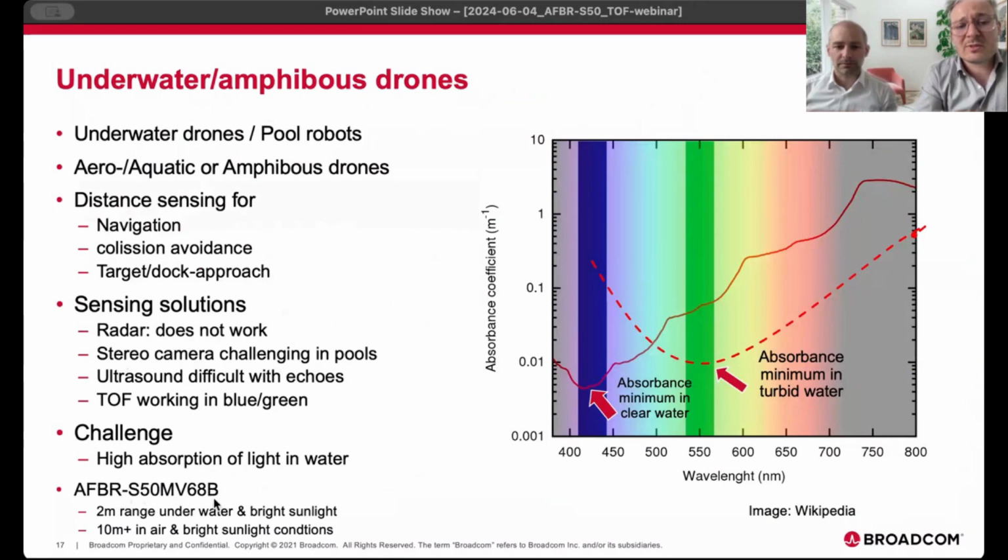It uses 680 nanometers. The advantage is that the absorption factor is still an order of magnitude lower than with the 850 nanometer or IR sources. Therefore, you can reach distances of at least about 2 meters.